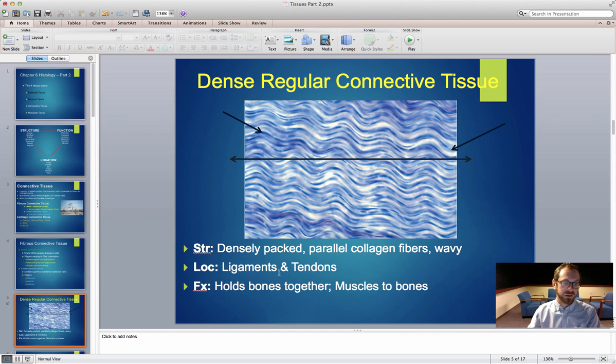This is critical for ligaments and tendons because that's where all the stress is going to be, in this linear plane. That's where all the stress is on bones and muscles. So it can hold bones and muscles together quite well as long as the stress is in that one unidirectional plane. But as soon as we apply a stress perpendicular, that's when we're going to have tearing of ligaments and tendons, because it's really not strong in that direction.